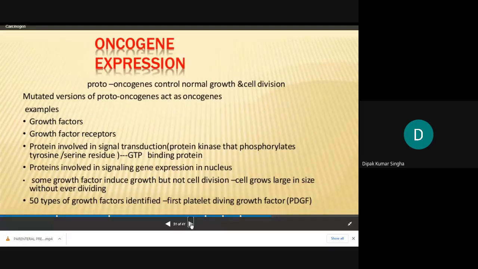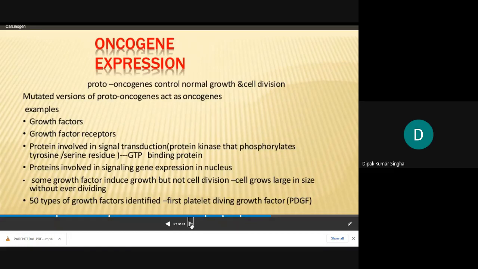Oncogene expression. The proto-oncogene controls normal growth and cell division, and the mutated version of a proto-oncogene is an oncogene. That means it produces cancer. Proto-oncogene is a normal cell division, but when it is mutated, why is it mutated? It is mutated by exposure to some physical, chemical, or biological agents.